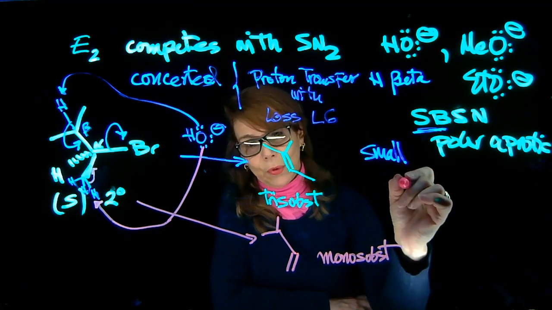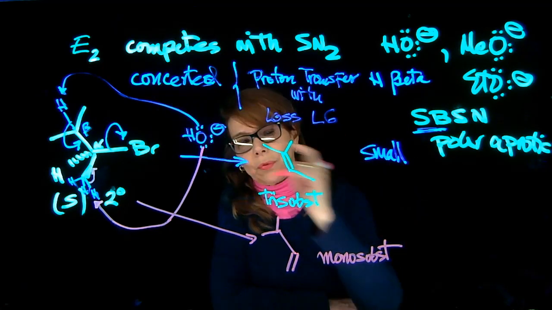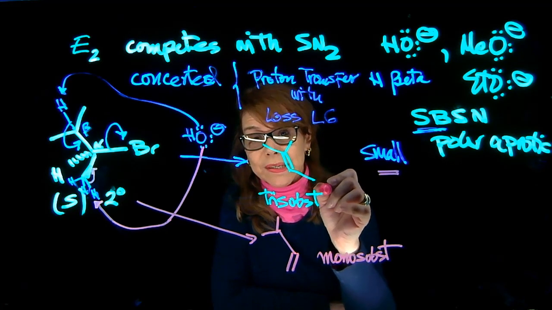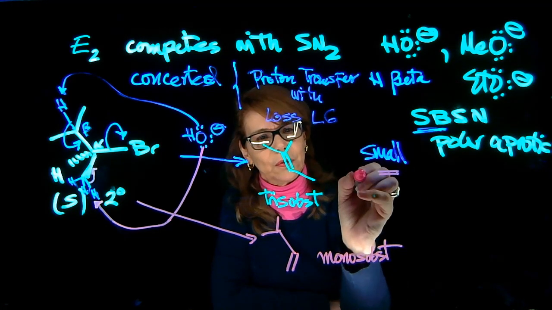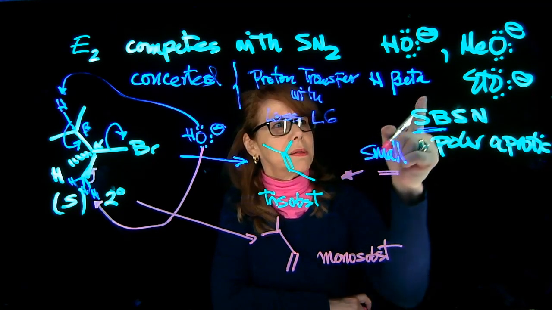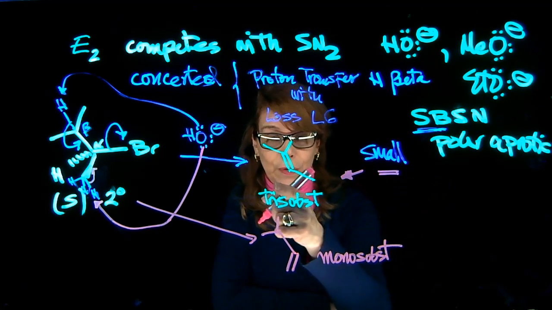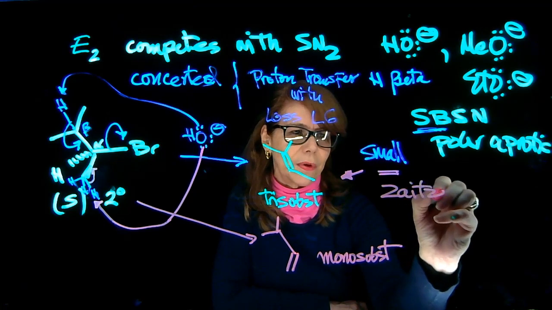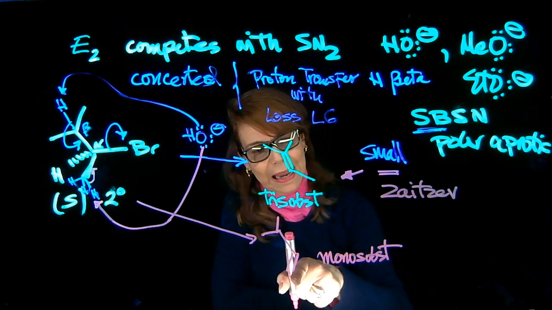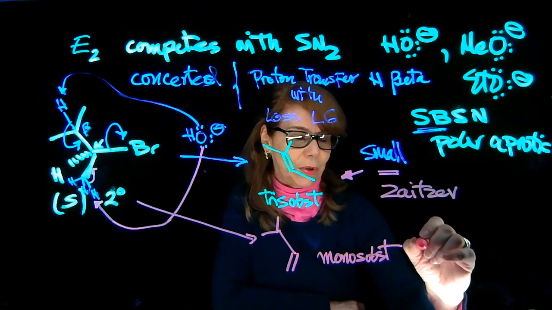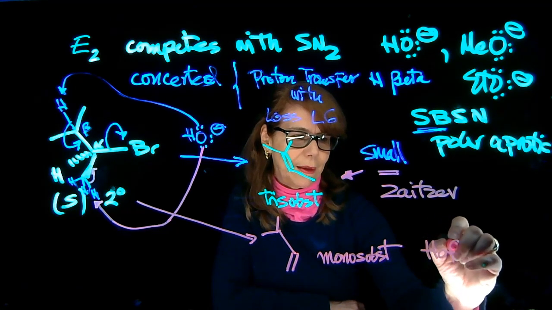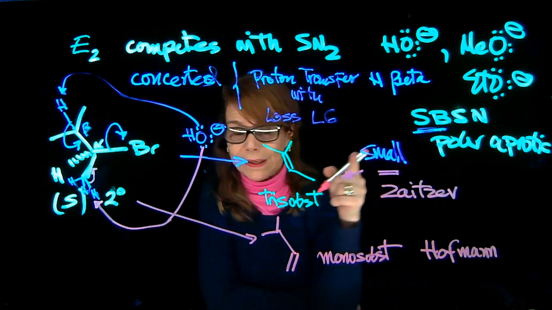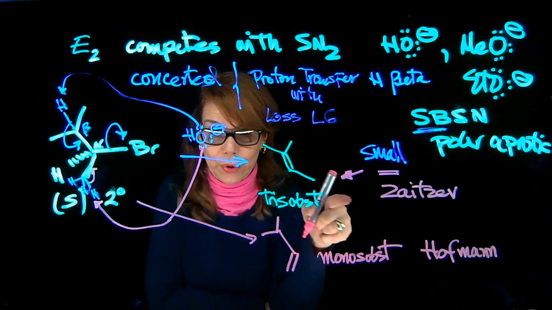So what is observed in the E2 reaction is that small, strong bases favor the more substituted product. So this is favored by these bases. Small bases favor the more substituted, and this we're going to call the Zaitsev product. And the least substituted, this we're going to call the Hofmann. Why is that important? Because depending on the base, we're going to get one product or the other.